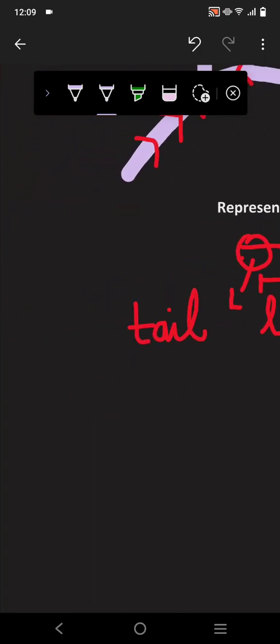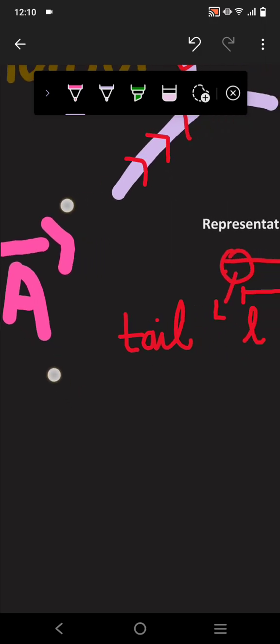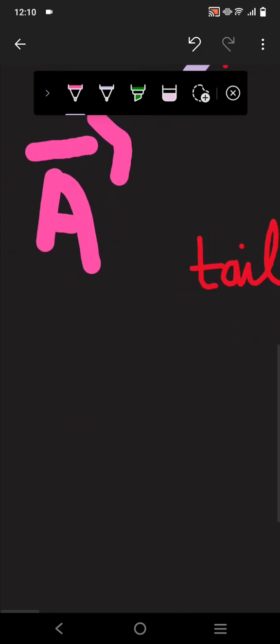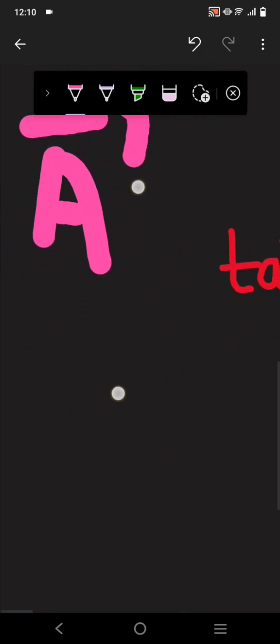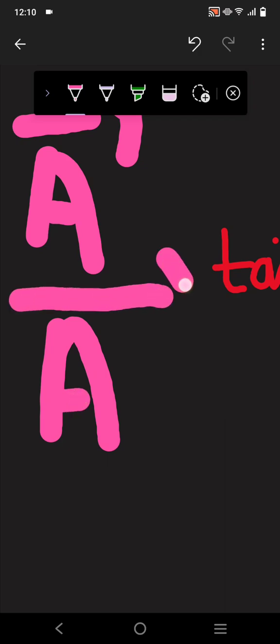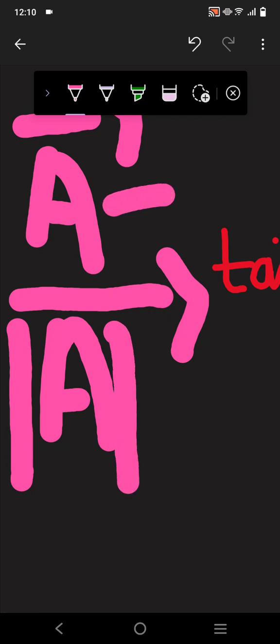Now we're going to see other ways to represent a vector. We can also represent the vector with a modulus. This way we can represent the vector as well as the direction.